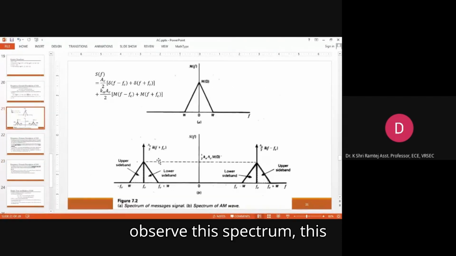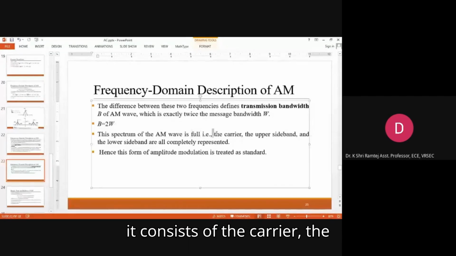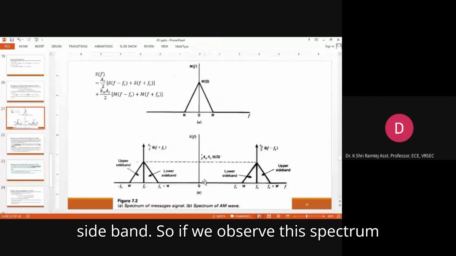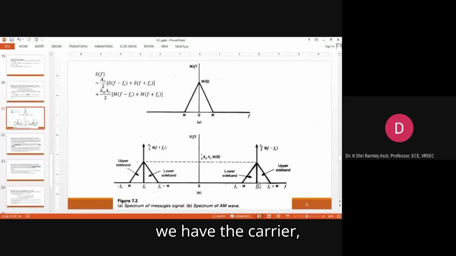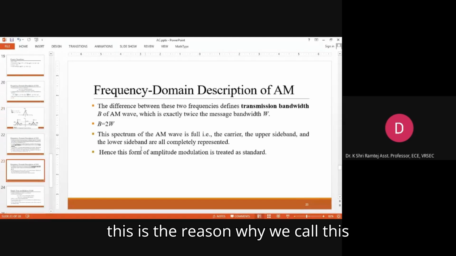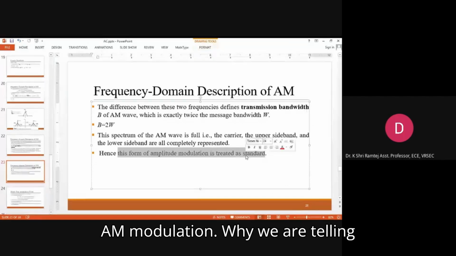If we observe this spectrum, the spectrum of the AM wave is full, meaning it consists of the carrier, the upper sideband, and the lower sideband. This is the reason why we call this form of amplitude modulation standard AM modulation.